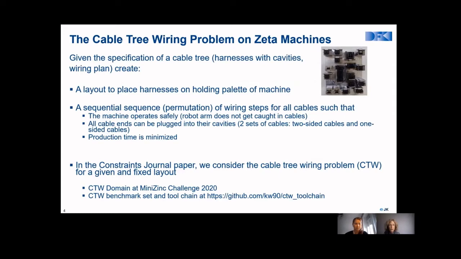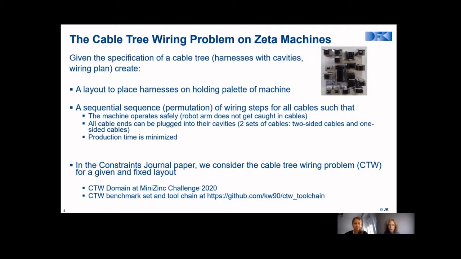First, a layout to place harnesses on the holding pallet of the machine, and second, to compute a sequential ordering or permutation of wiring steps for all the cables such that the machine operates safely, which means that the robot arm does not get caught in cables, and such that all cable ends can be plugged into their cavities.